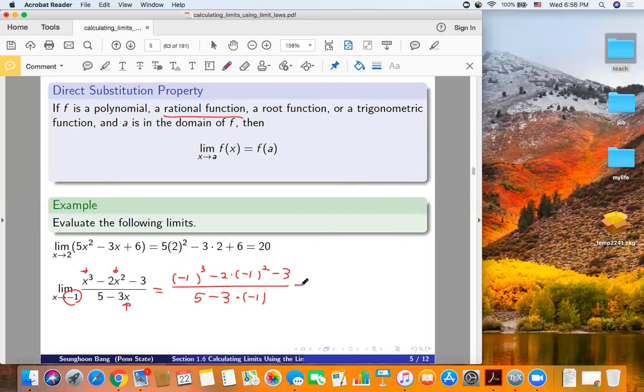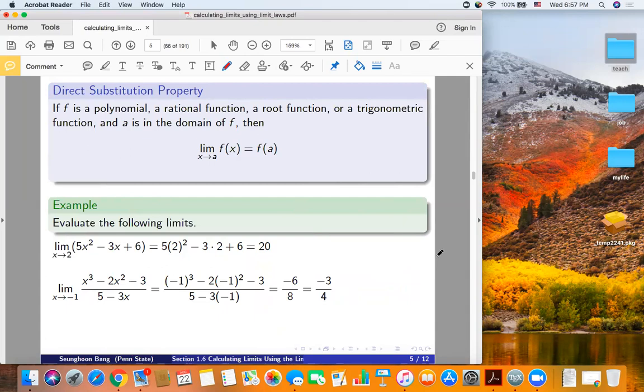Minus 1 cubed is negative 1. Minus 1 squared is 1, 1 times 2 is 2, negative 2, keep negative 3. Over, negative 3 times minus 1 is positive 3, 5 plus 3. So we have negative 6 over 8. The 2 is a common factor, cross out 2. Answer is negative 3 over 4. This is the final answer.